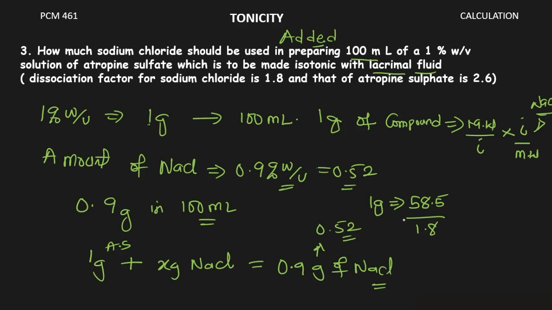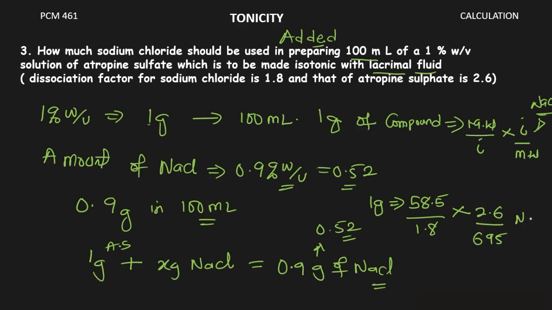Are you getting it? Because sodium chloride dissociates about 1.8 times. The dissociation constant of atropine sulfate was given as 2.6, divided by the molecular weight of atropine sulfate, which is around 695. So you have 695.